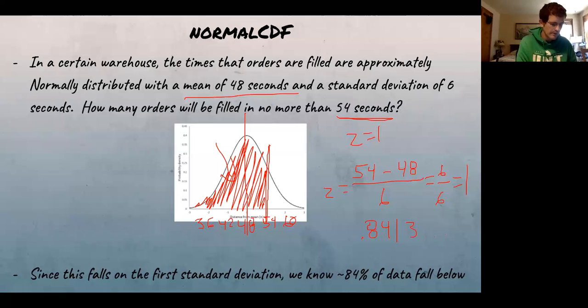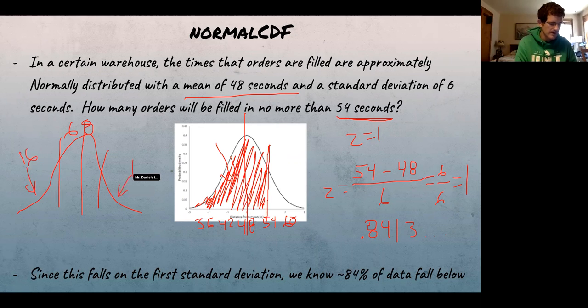Because we know that 1 standard deviation is 68% of the data, which means the other 32% of the data is going to be 16% right here and 16% right here. So it's going to be all of this data, which is about 84%, and the 16% up top is not included. So that's why it's 84%.